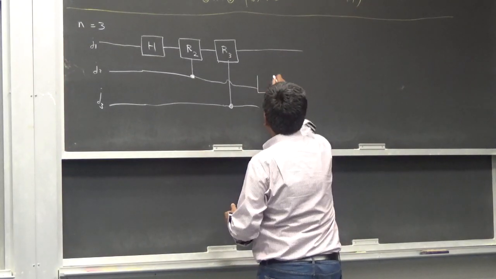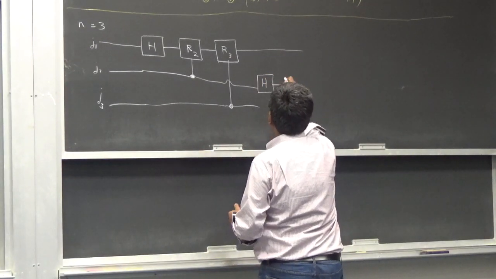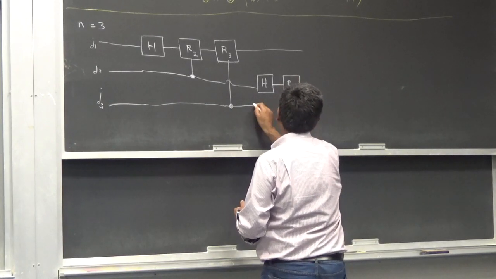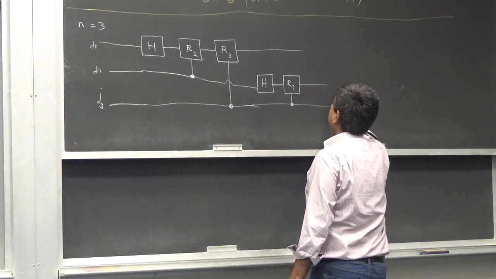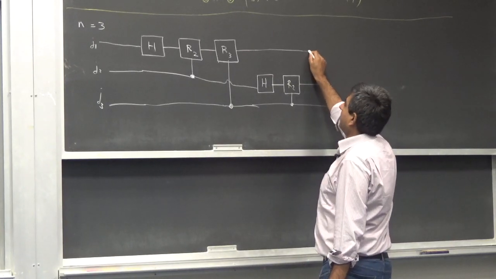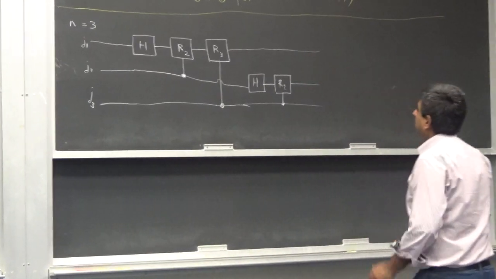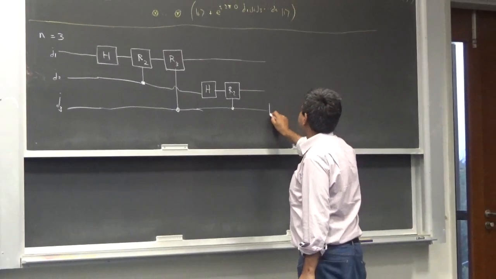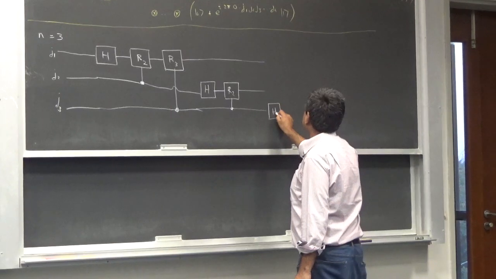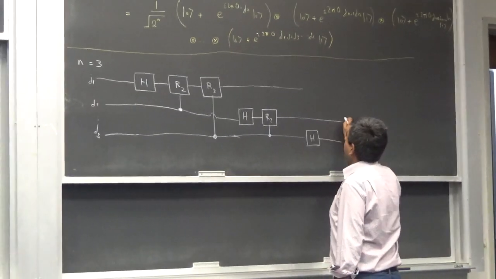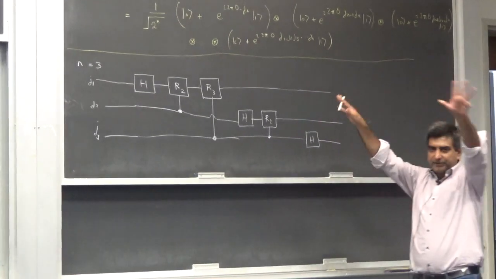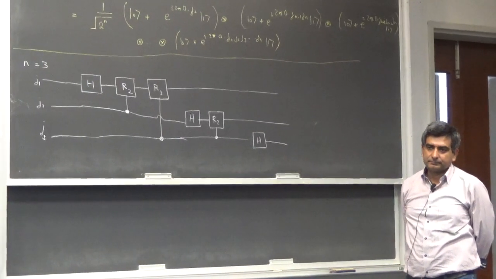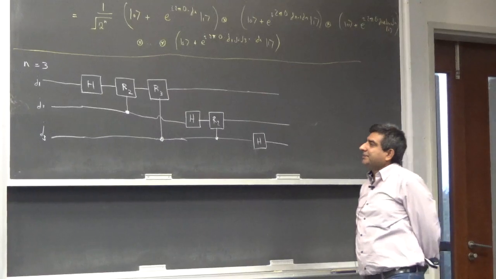Let's move here. Let's put a Hadamard gate here, followed by this strange kind of gate, followed by a Hadamard gate. So we're dealing with 3 qubits at the moment.